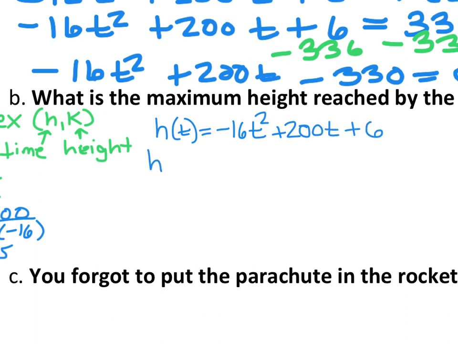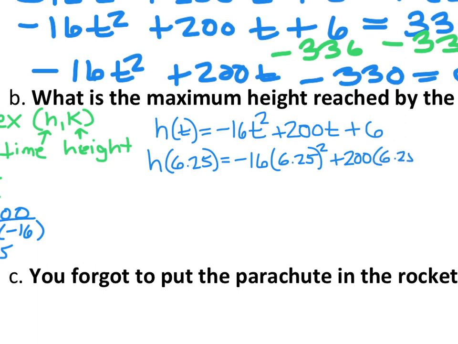I'm going to go ahead and evaluate this function at t equal to 6.25. So I'm going to replace my t. Everywhere I have a t, I'm going to put in 6 1/4 seconds, and I'm going to solve for that height.